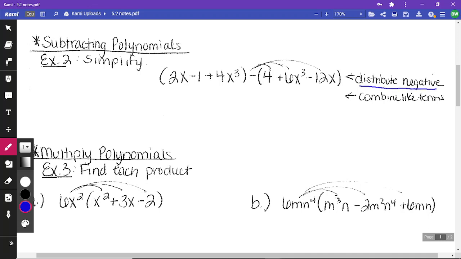Okay, distribute the negative. So we'll just write down the first polynomial exactly like it is. And then this negative sign distributes just as it shows, with the lines here.